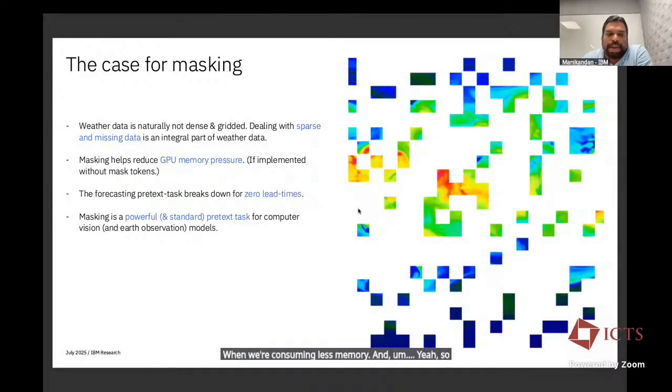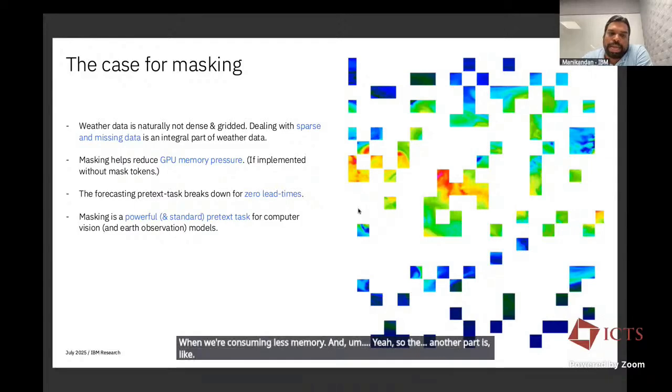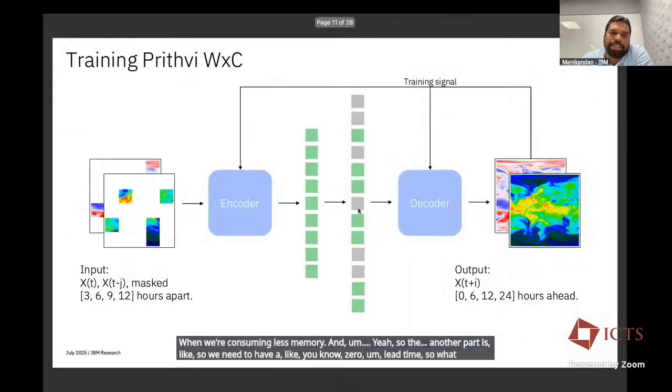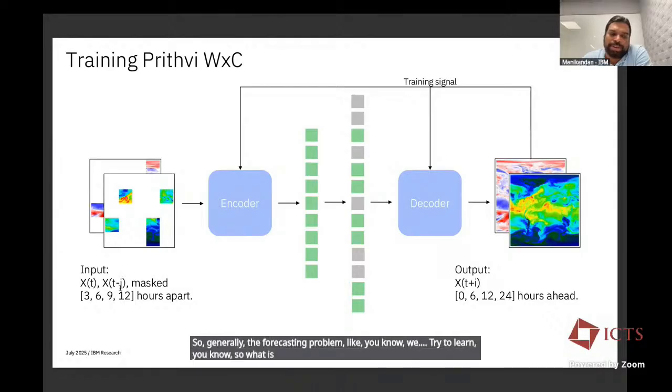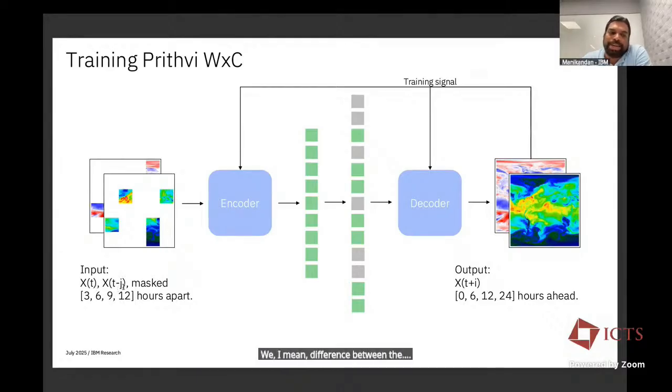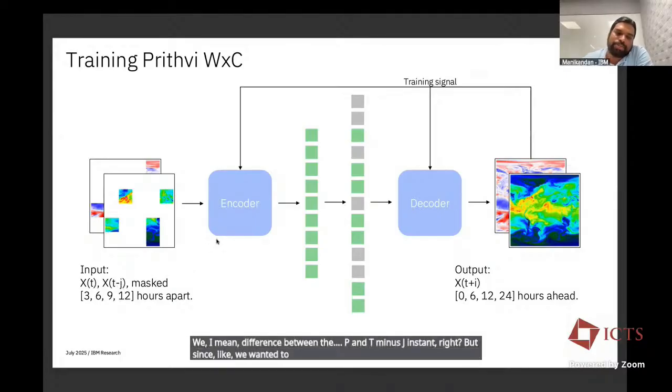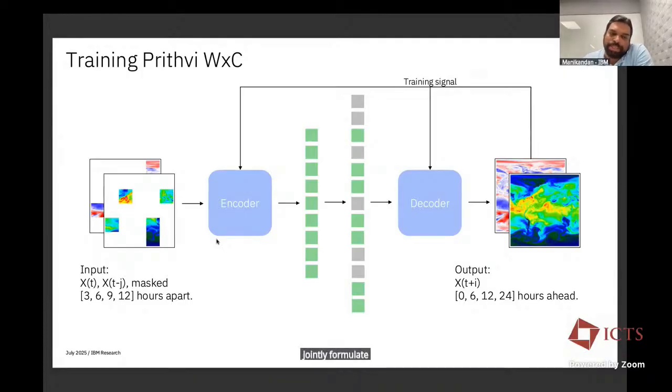Another part is that we need to have a zero lead time. Generally in a forecasting problem, we try to learn the difference between t and t minus j instants. But we wanted to jointly formulate the forecast problem plus t equal to zero.